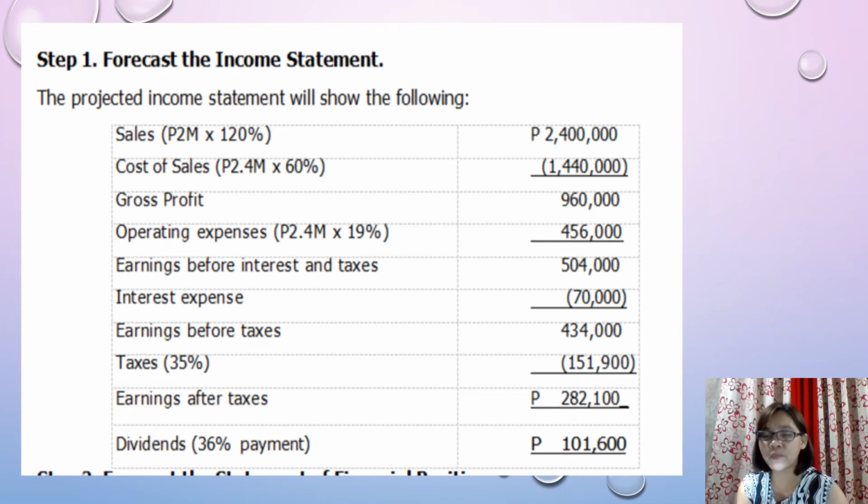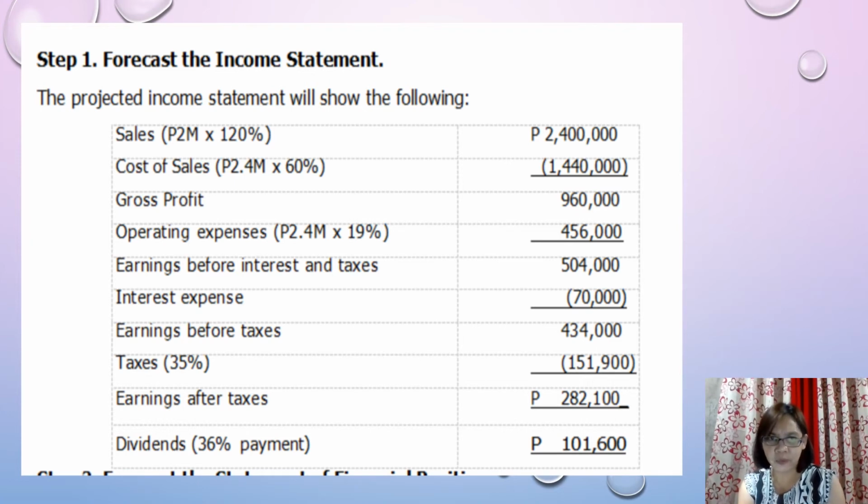Now, to get the gross profit, ililess lang natin yung sales sa cost of sales. So, ang magiging gross profit po is 960,000. Okay? Next, operating expense, get the 19% of 2.4 million. Okay, so yung 19% po ay 456,000. Same lang din po yan sa copy po ninyo. Yung operating expense po na 380,000 ay 19% ng 2 million.